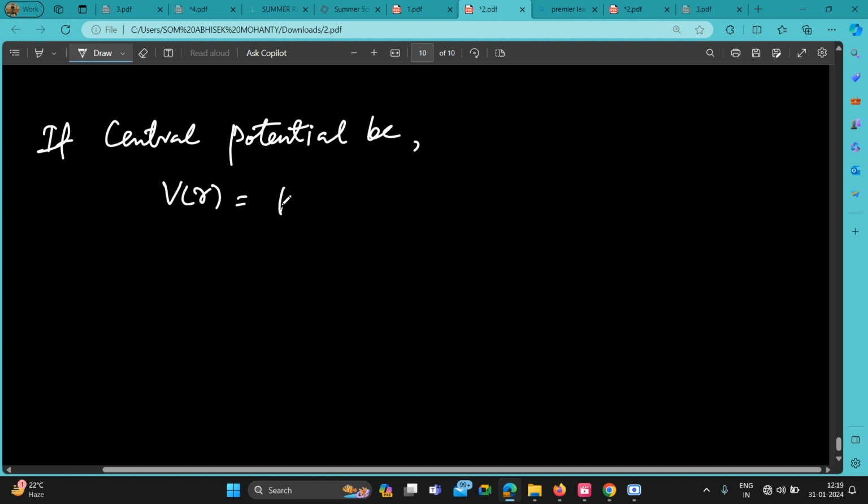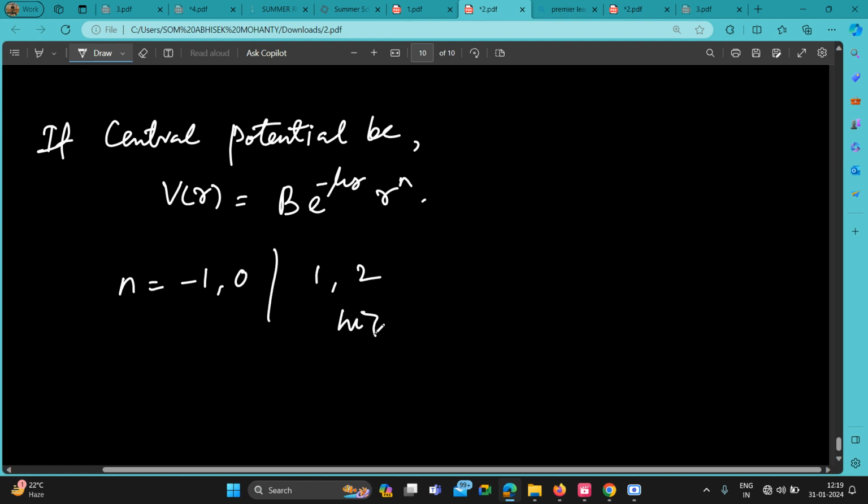Suppose the central potential is V(r) equal to B e to the power minus (mu r) to the power n. So n can be minus 1, 0, or 1, 2.